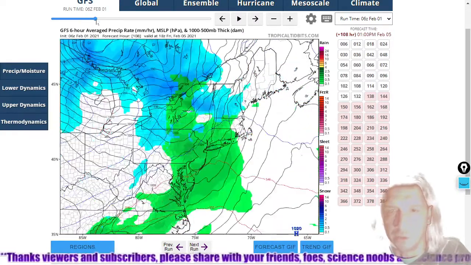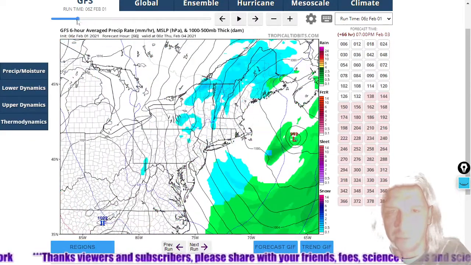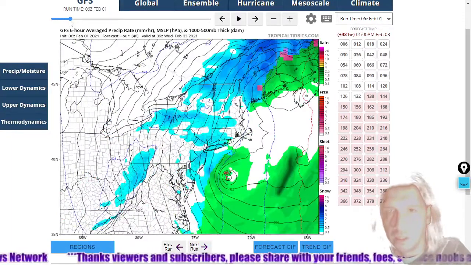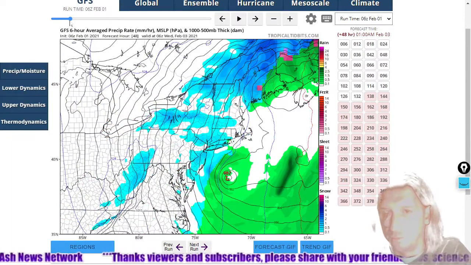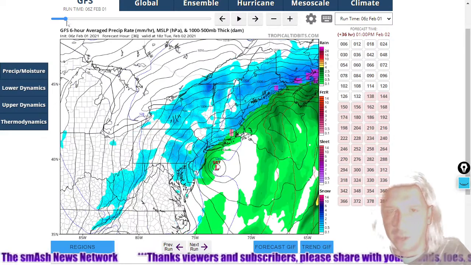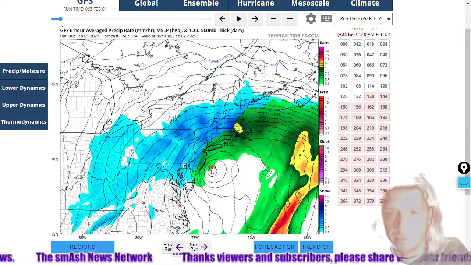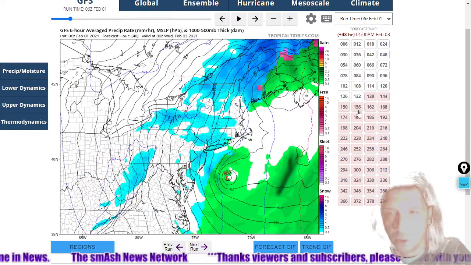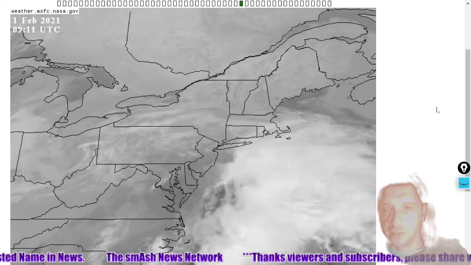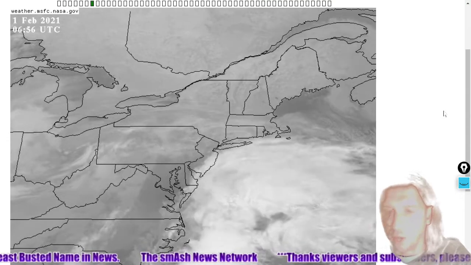It looks like it's going to be mostly rain for most of Pennsylvania. And it looks like we're going to continue to have some snow into Wednesday here, at least according to the GFS forecast. Again, that's tropicaltidbits.com. Here's what's going on in the cloud layer currently.